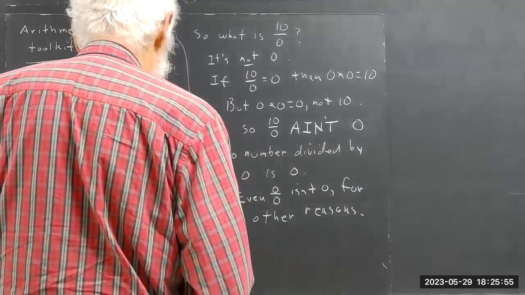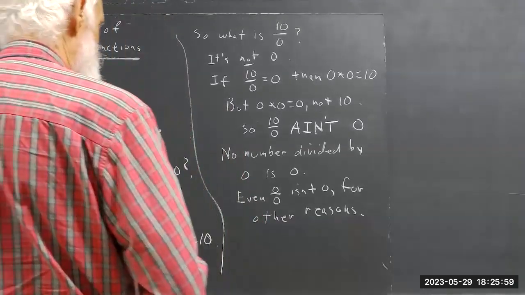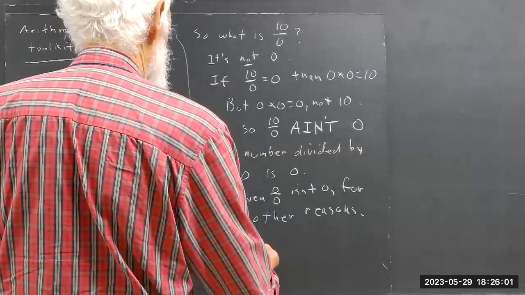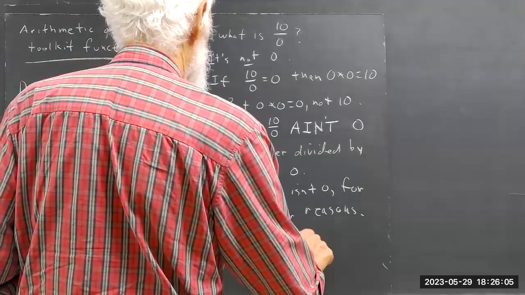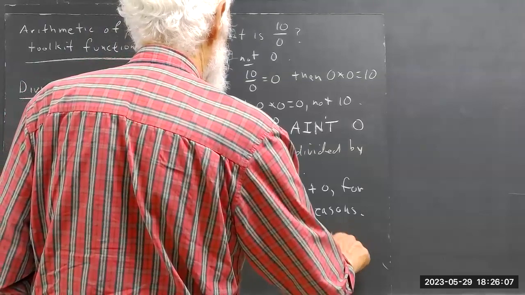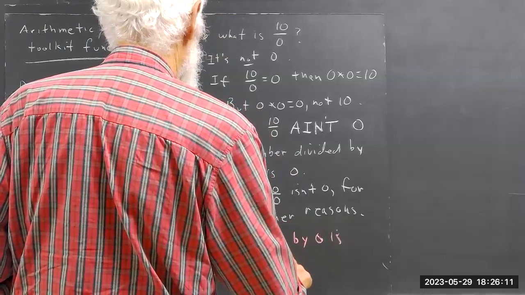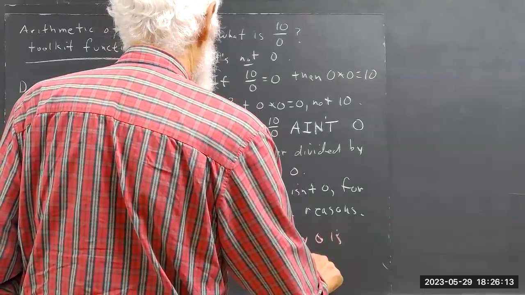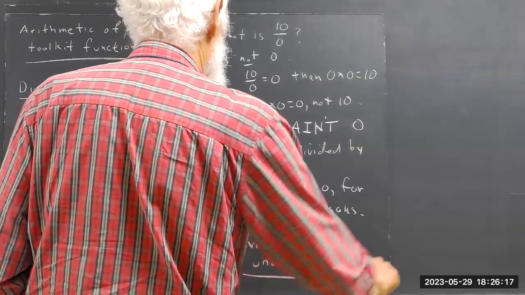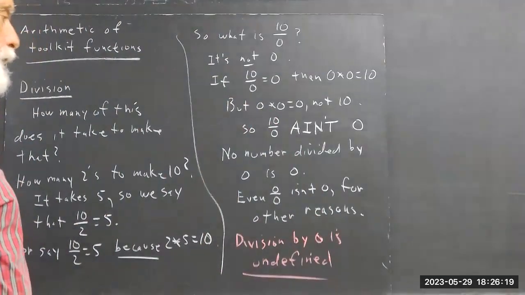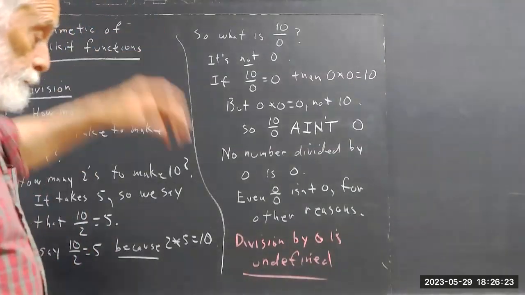We say that we can't define division by 0. We say it's undefined.